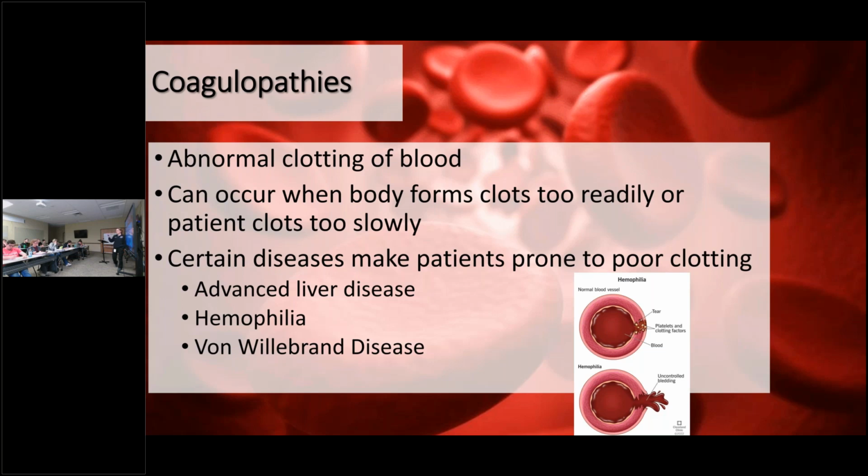So if somebody has a deficiency in that, they have von Willebrand disease. So patients with this, they have their own clotting factors that they actually inject into themselves whenever they get injured. So whether they have those factors on them or there's a specific hospital that they have to go to that carries their factors, that is also important information to obtain whenever we're dealing with a patient like this. I think I've had one patient in my 10-year career that had this.